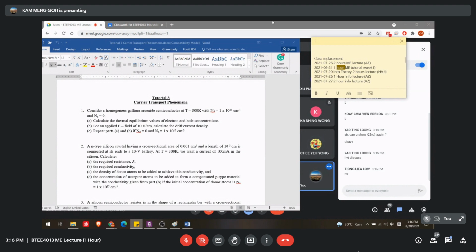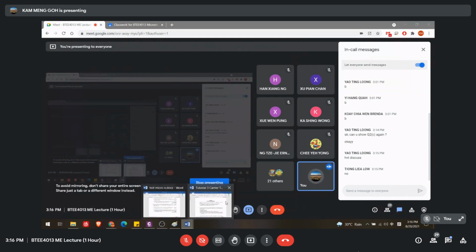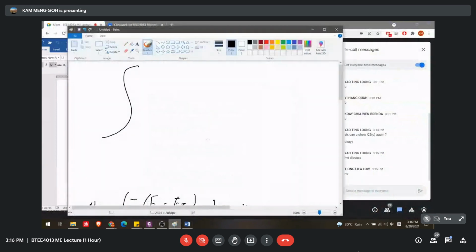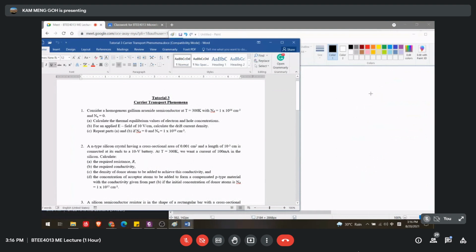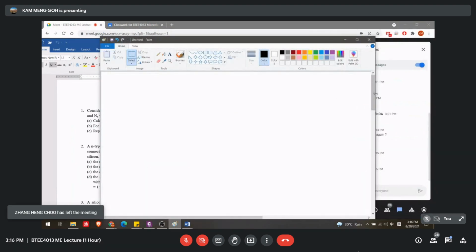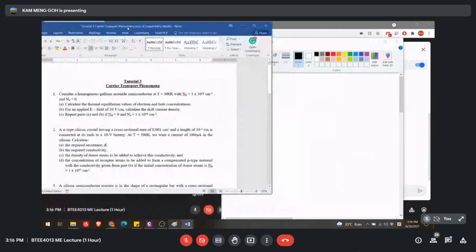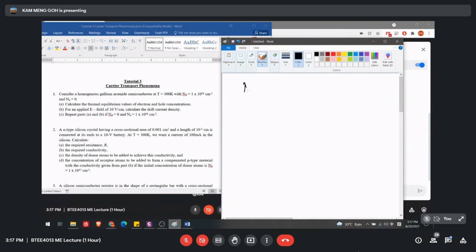So let's get back to the tutorial class discussion. I believe most of you have already done everything. Consider a homogeneous gallium arsenide semiconductor with ND 1 times 10 to the power 16 and NA 0. Calculate the thermal equilibrium N0 and P0.